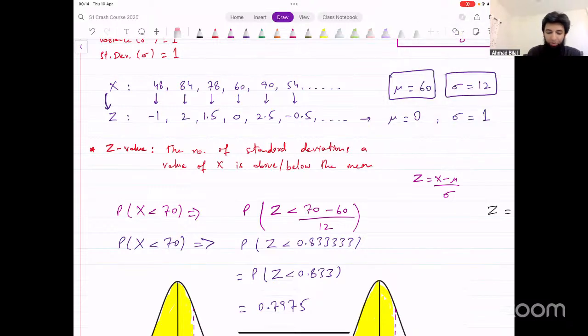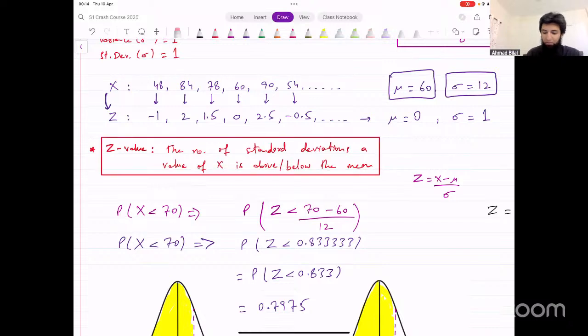That's the interpretation of the z value. So -1 means 48 is one standard deviation below the mean. 2 means 84 is two standard deviations above the mean. 1.5 means 78 is 1.5 standard deviations above the mean. 2.5 means that 90 is 2.5 standard deviations above the mean. So the z value tells you the number of standard deviations a value is above or below the mean.